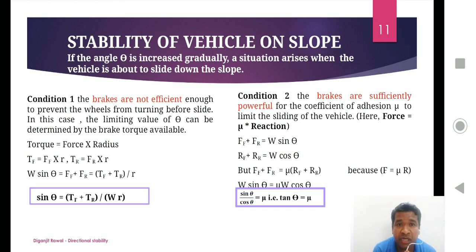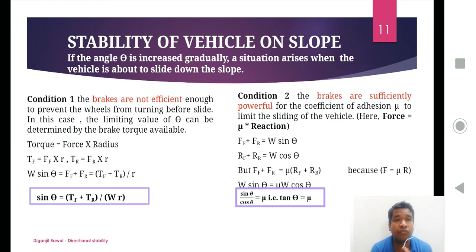For condition 1, we have to calculate sine theta is equal to Tf plus Tr upon W into r. For condition 2, we have to calculate tan theta is equal to mu. We have derived these equations in previous slides. So this is the summary for situation 2, and this is the comparison for situation 2 condition 1 and condition 2.